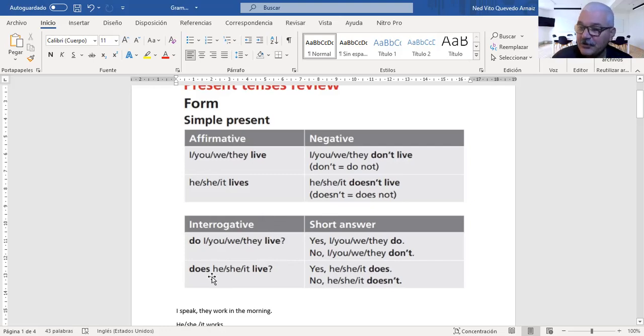If it is third person singular, instead of do, which is the auxiliary for the rest of the subjects, we use does, because it's the auxiliary in which we have the z sound accompanying the third person singular. Does she live? Does he live? Does it live?